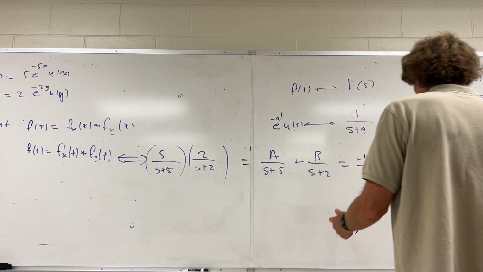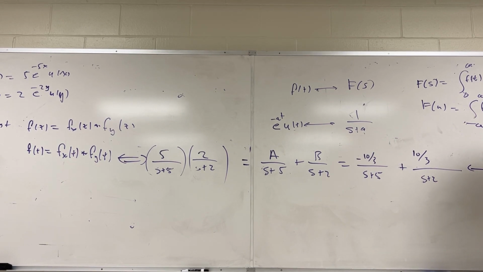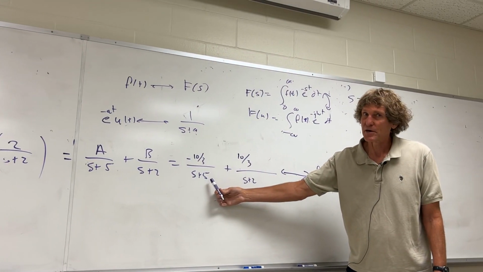Now, take a look at this, and now we want to get our f of t again, or what did I call it? I'll call it f_z of t, which is really going to be f_z of z in a second. So what's the inverse transform of that? Come on, guys.